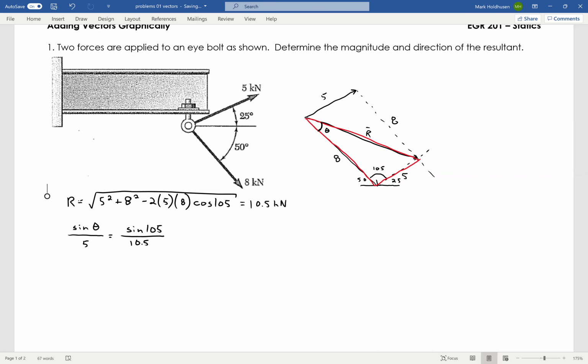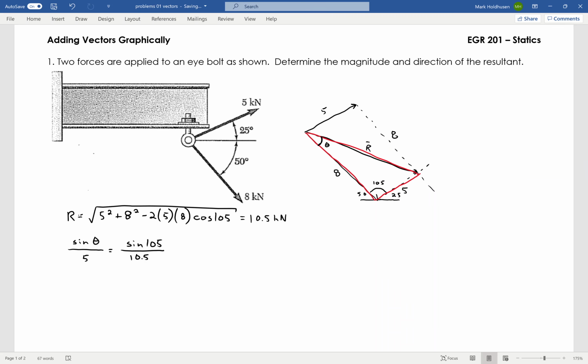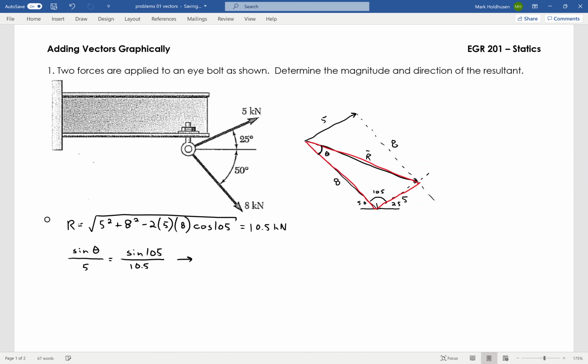And again, when plugging this into your calculator to solve it, you're going to want to go ahead and put in all of the decimal points that we have for this. But for this guy right here, I'm going to find that the angle that I'm looking for here is 27.5 degrees, which is not the angle that I'm actually looking for here.